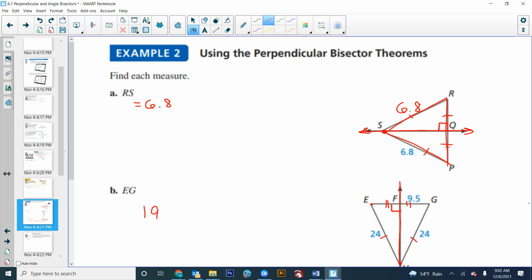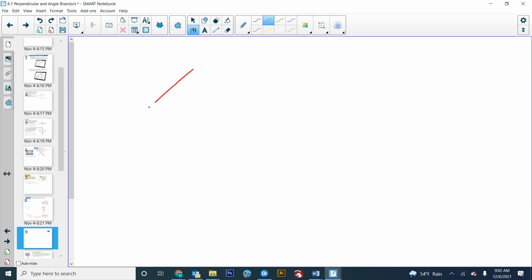In a triangle, does the perpendicular bisector of a side always have to go through the opposite vertex? Ready? Let's draw the perpendicular bisector of this side. Do you agree the midpoint's about in here?